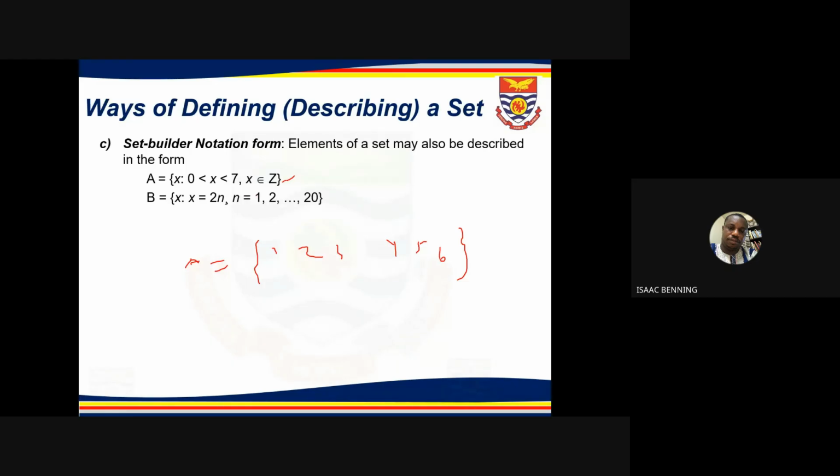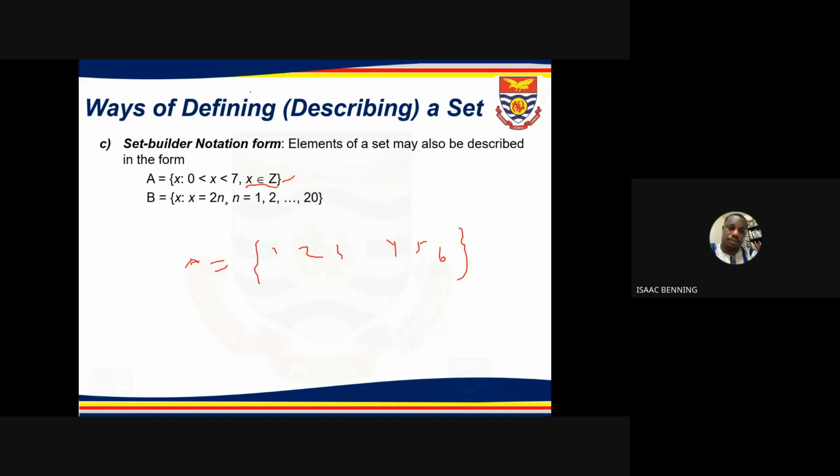This is the way we can write it: X is such that X is between 0 and 7, where X is a member of what? What's the meaning of that? Integer. Where X is an integer.